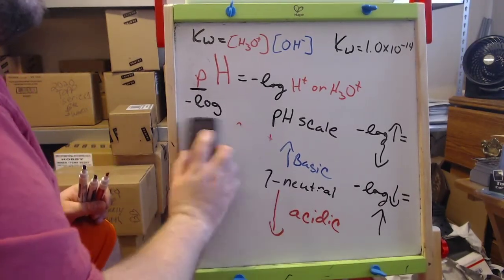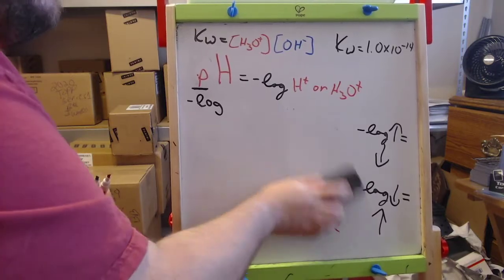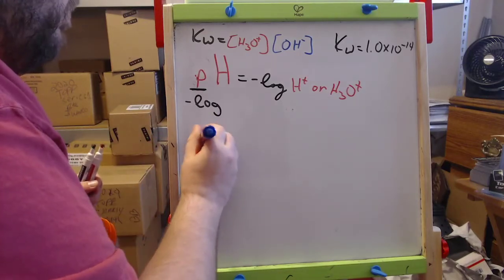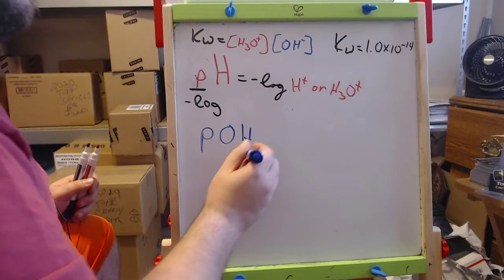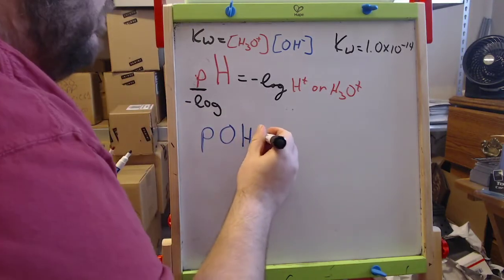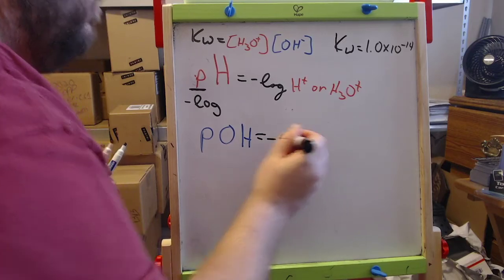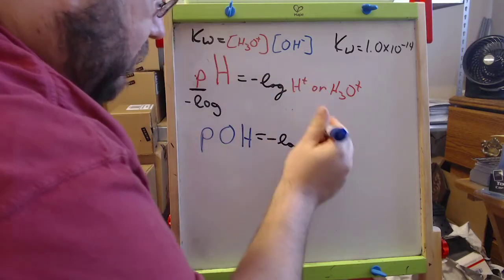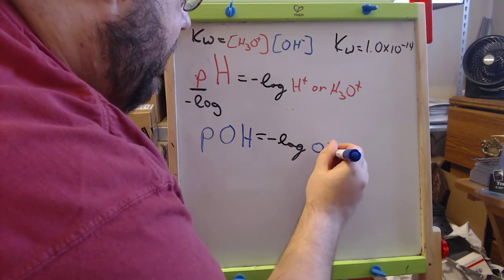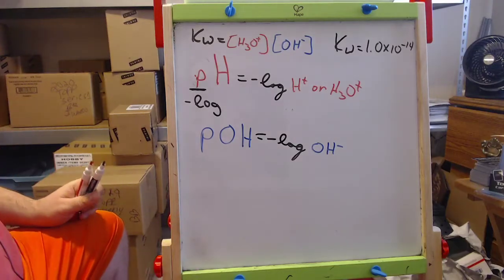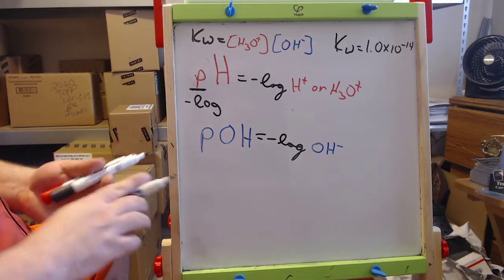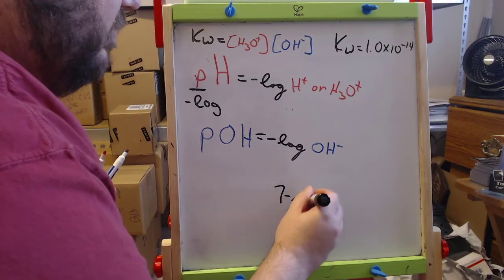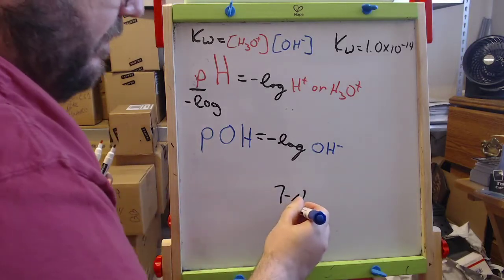Now, there's a totally other scale besides the pH scale. No one ever talks about it, but there's also a pOH scale, which essentially is the negative log of OH minus. Now on the pOH scale, 7 is still neutral, but it runs opposite.